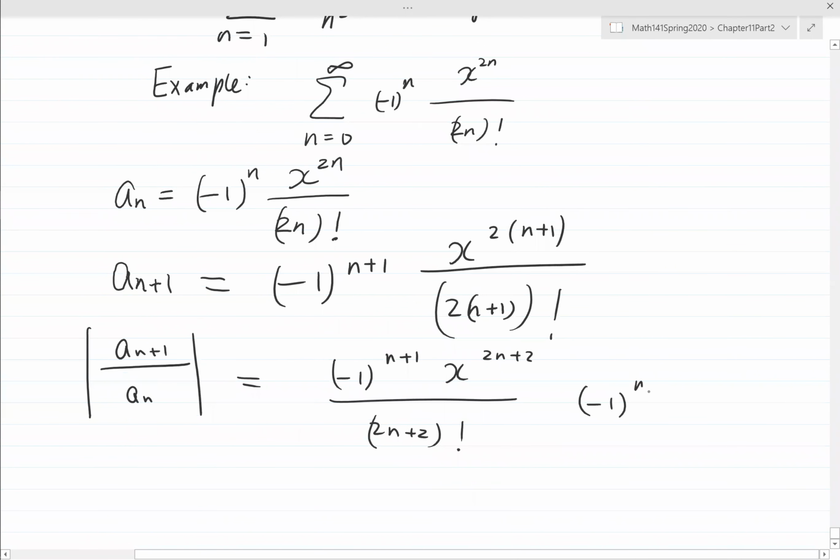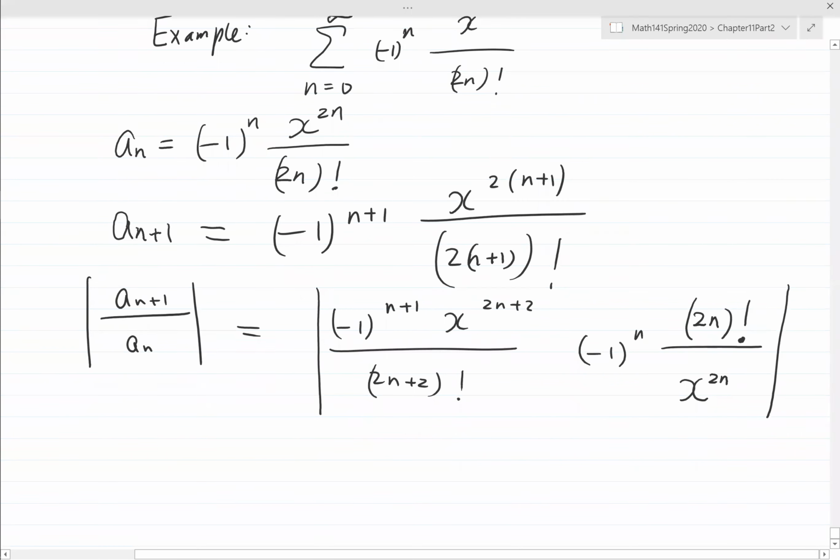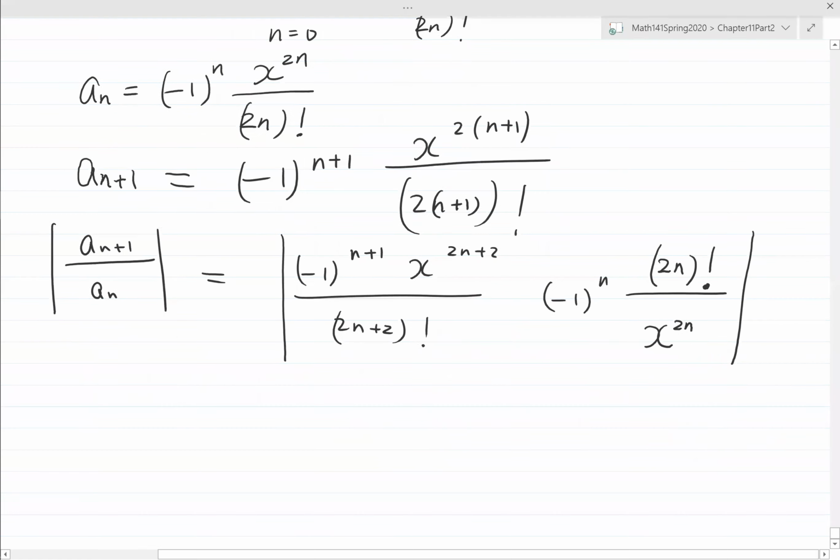So this is negative 1 to the power n; the numerator becomes the denominator and the denominator becomes the numerator. Negative 1 to the power n, its reciprocal is itself. Now we take absolute value. Negative 1 to some power is plus or minus 1, so when we take absolute value we get 1. The alternating factor is just gone.